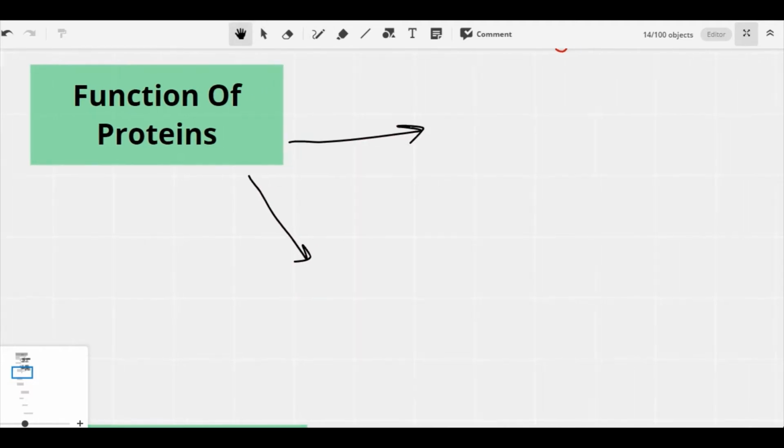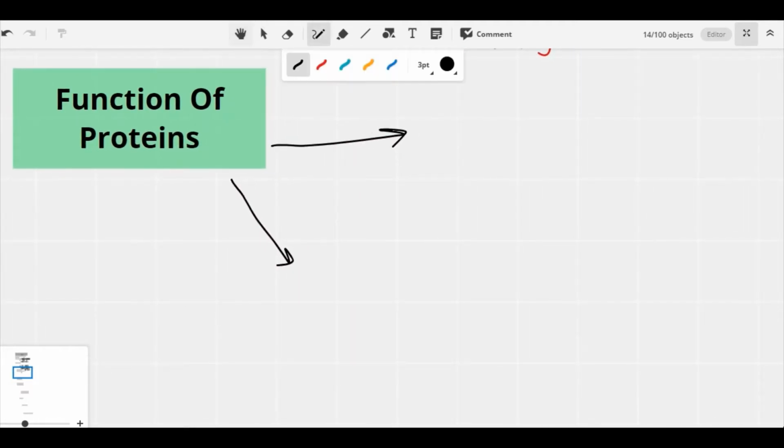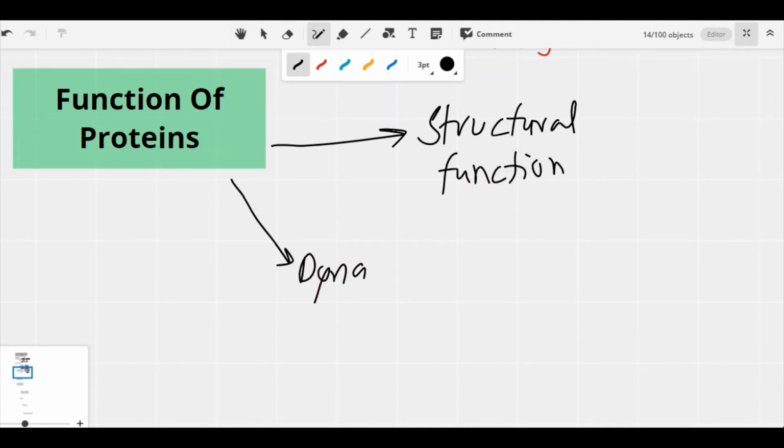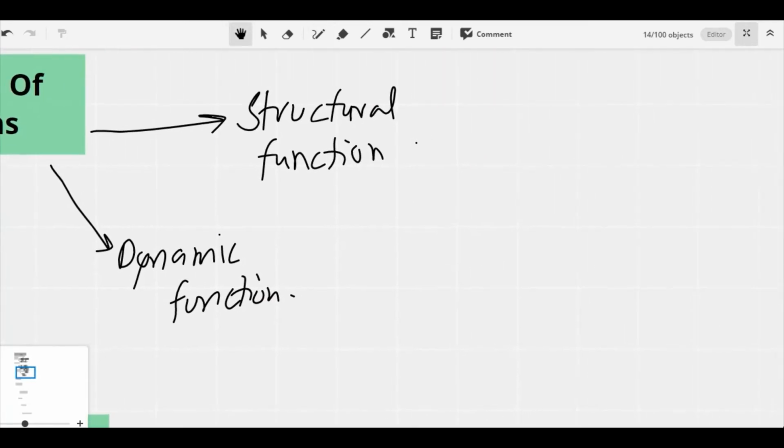The first one is structural functions, and the second one is dynamic functions.